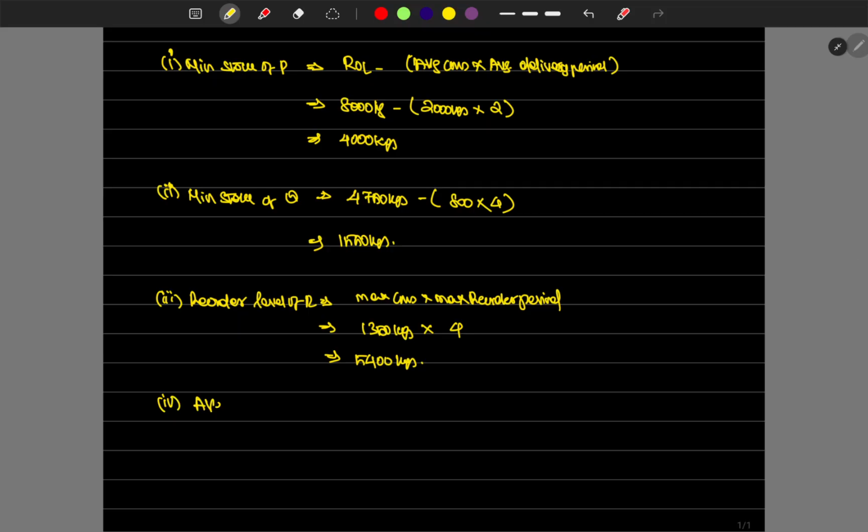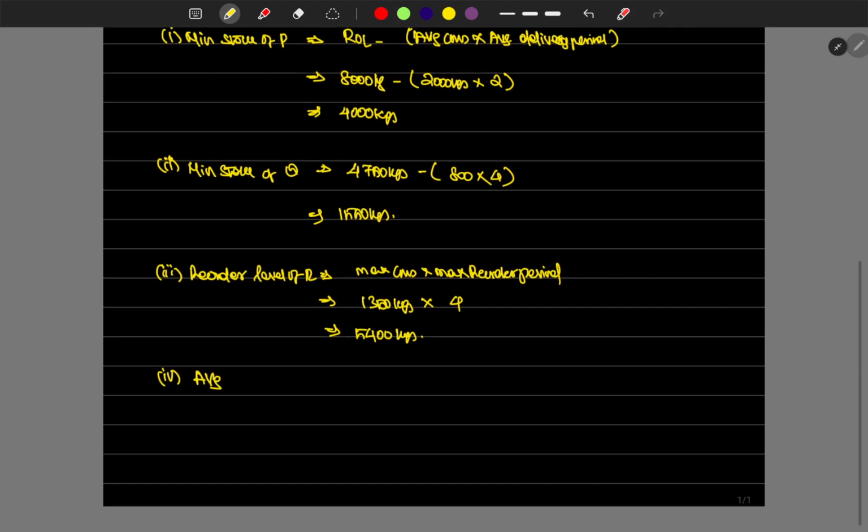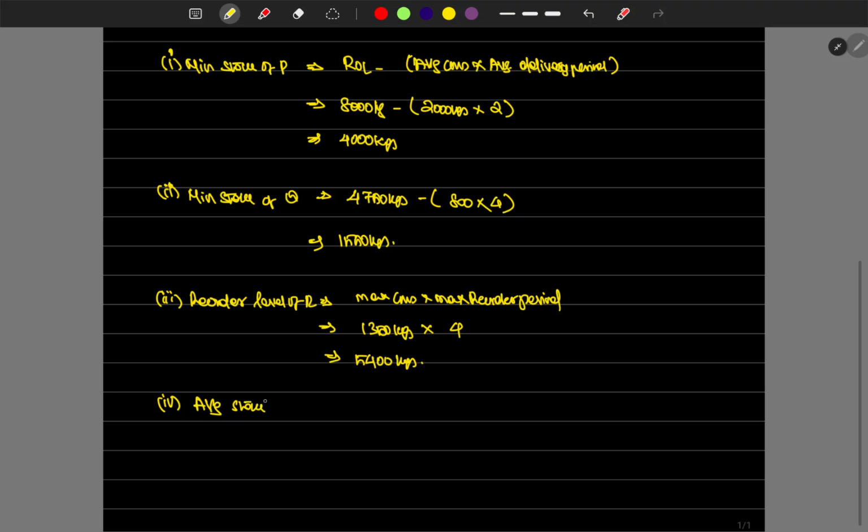Then we need to find the average stock level of P. What's the formula for average stock level? Minimum stock level plus maximum stock level, divided by 2.